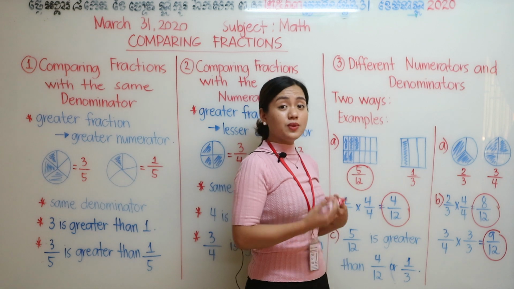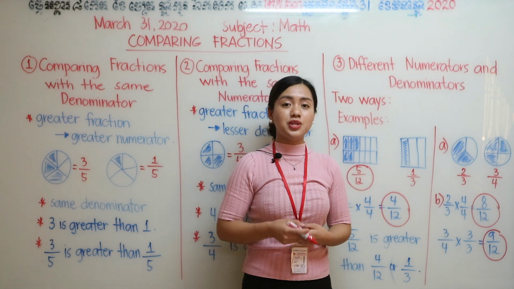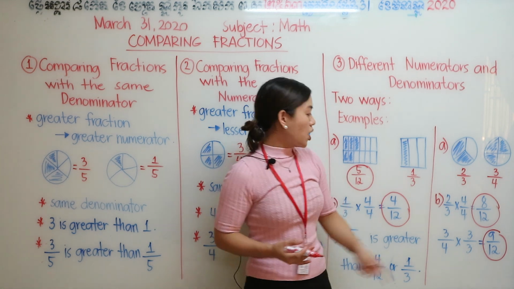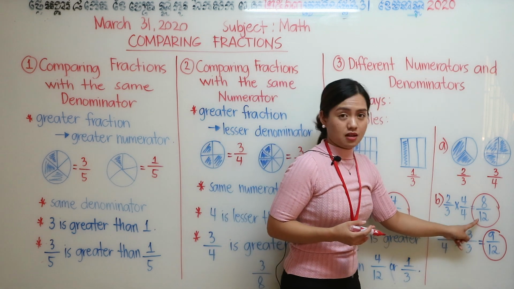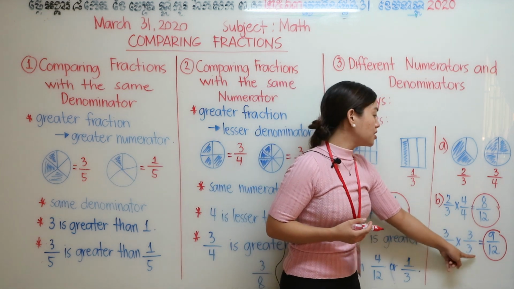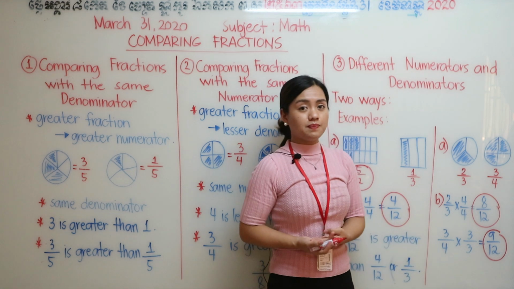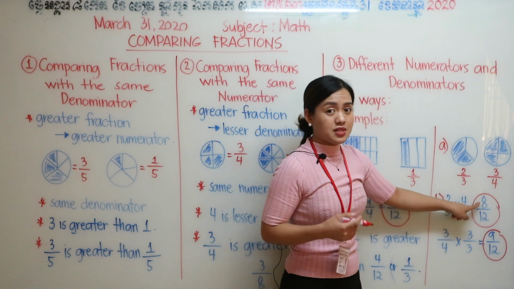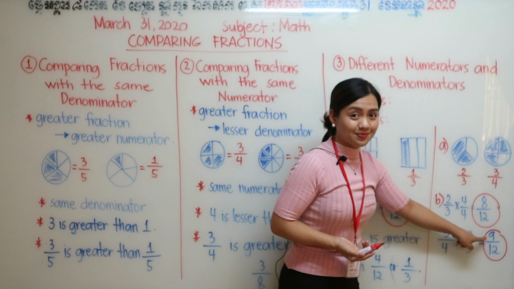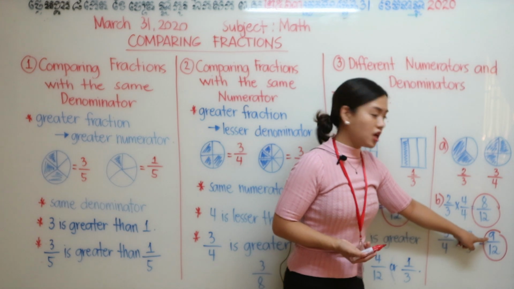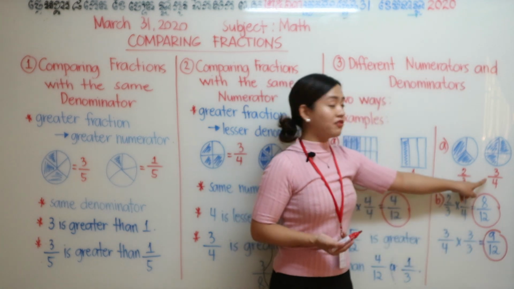And like what we said, if we are going to compare fractions with the same denominator, all we need to do is to focus on the numerator. So 8 is actually lesser than 9. Okay, so 9 is greater, which is 3 over 4.